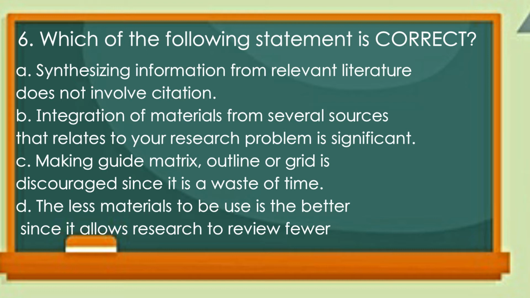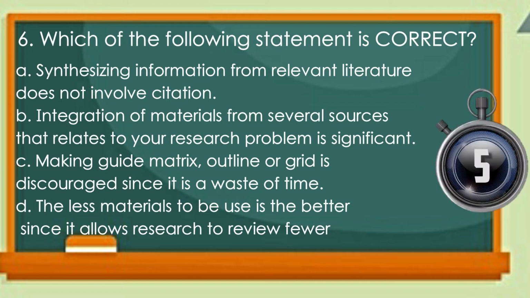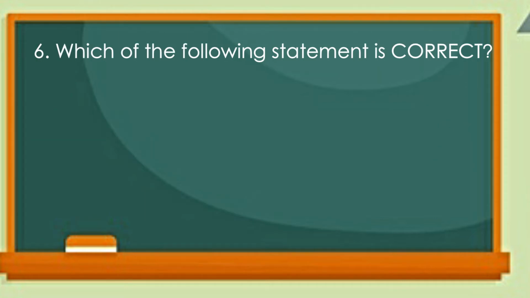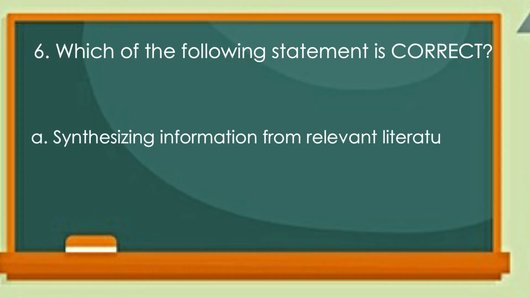D. The less materials to be used is the better since it allows research to review fewer. The correct answer is letter A. Synthesizing information from relevant literature does not involve citation.